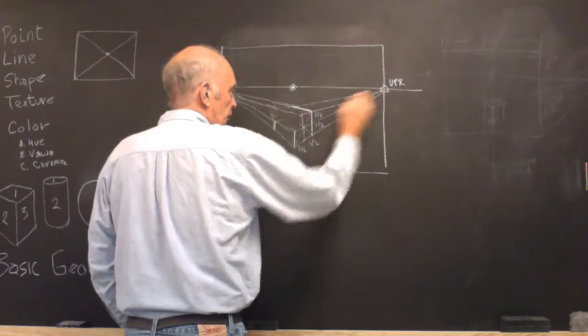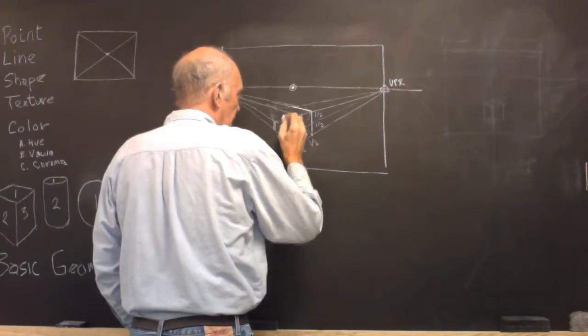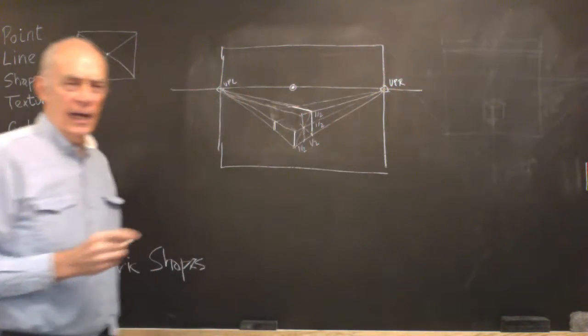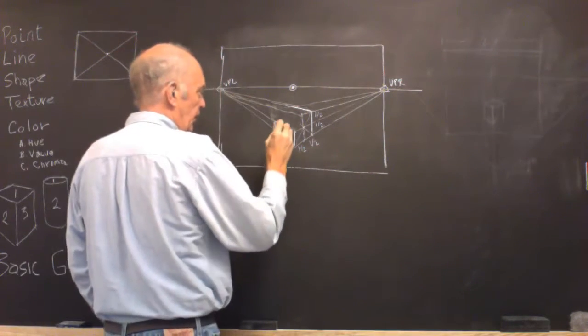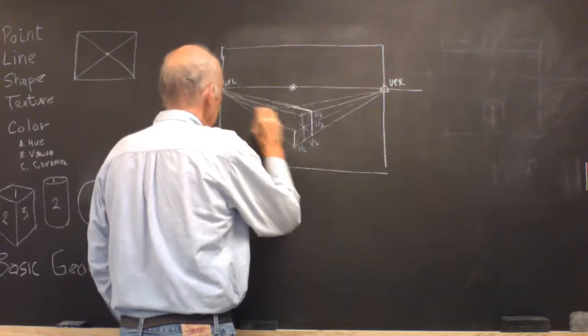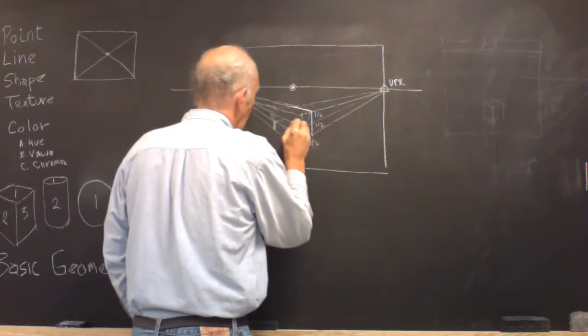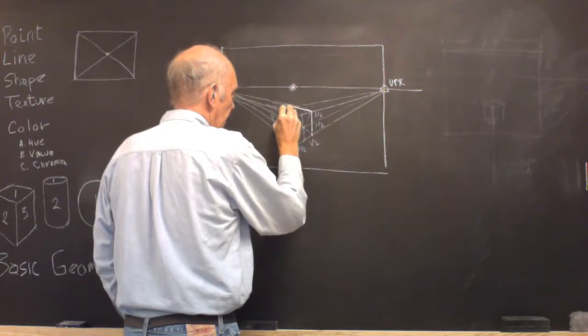Now I'm not going to draw it all the way back because I'll be getting too many lines in the drawing. I'm going to draw this one vertical right here.